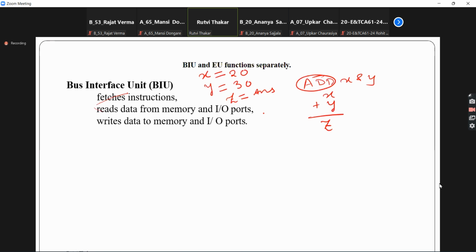I can as well subtract. If I have two variables, I can do x plus y, x minus y, x multiplied by y, or x divided by y. But as of now, you are specifying that you want to just add. So this add is called an instruction.